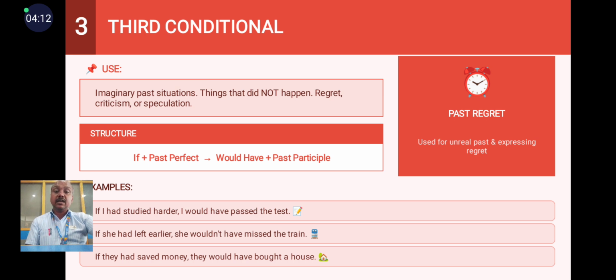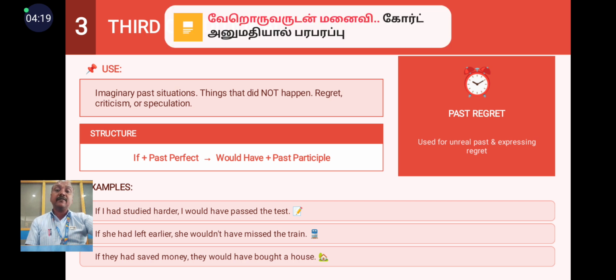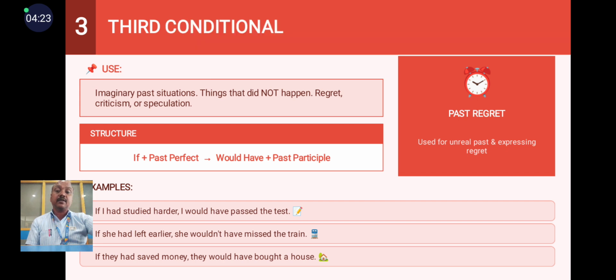Examples: if I had studied harder, I would have passed the test. If she had left earlier, she would not have missed the train. If they had saved money, they would have bought a house. So this third condition is used for the unreal past and expressing regrets.